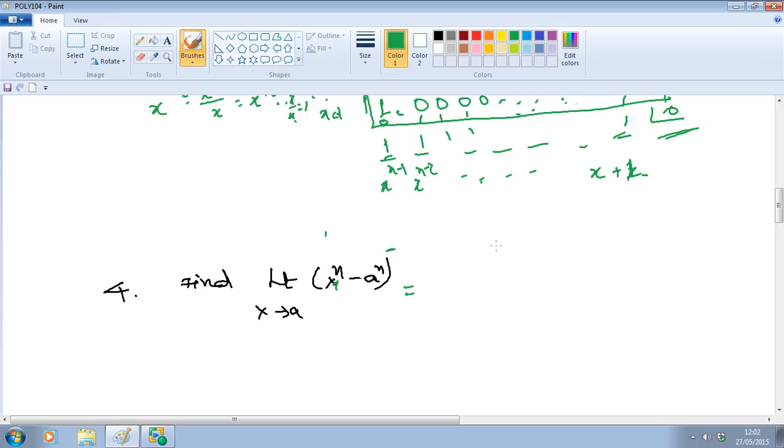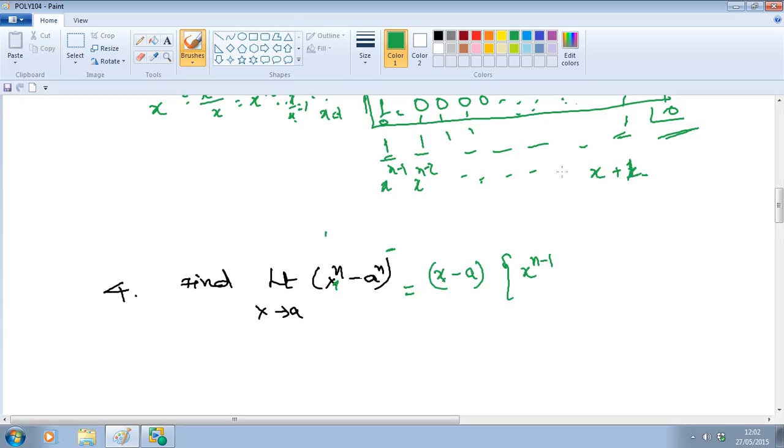This is equal to x minus a, multiplied by the first factor x to the power n minus 1. What is the next factor?